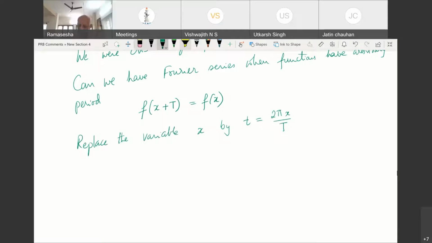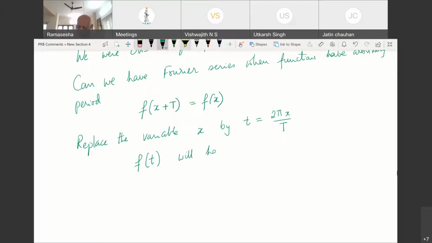If you take f of t, then you will find f of t has a periodicity of 2π. Take x to x plus T, capital T, not small t.